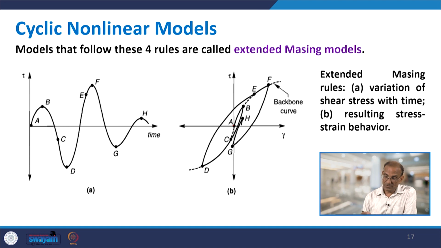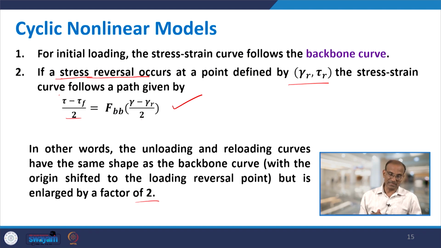In the second rule you will follow another backbone curve. The shape of that curve will be given by the second relation here.